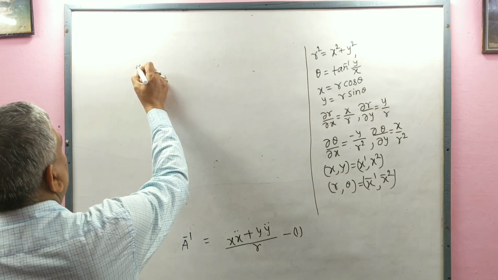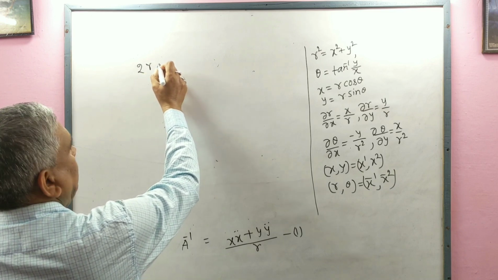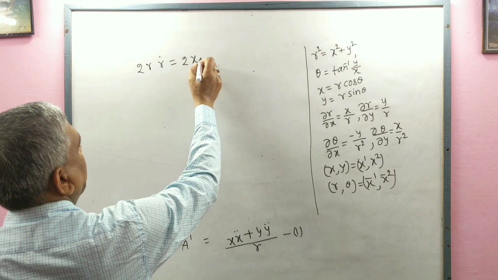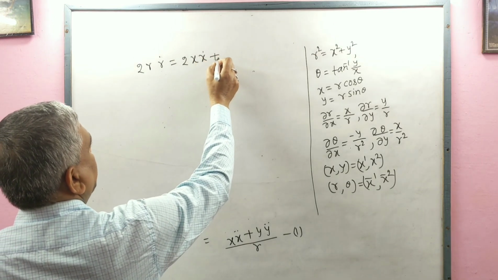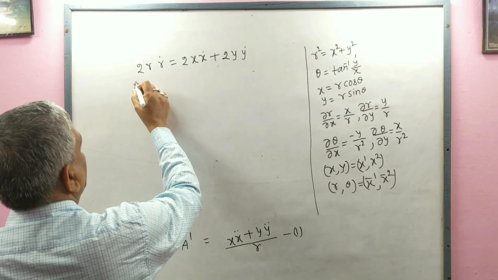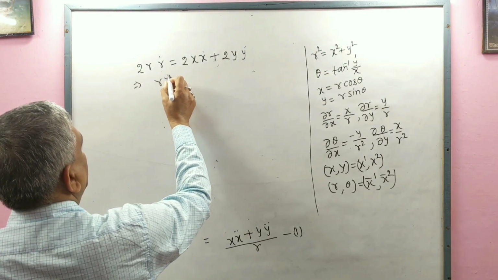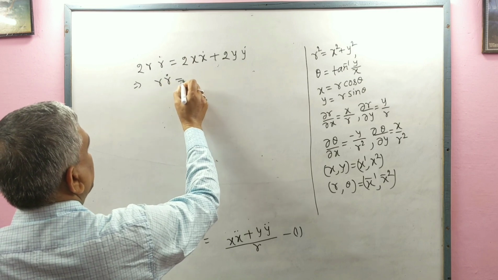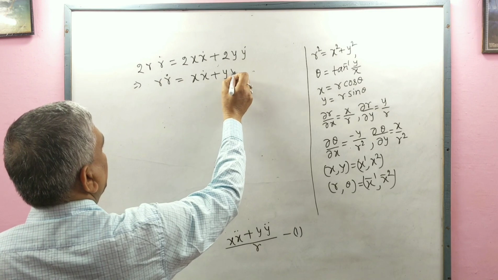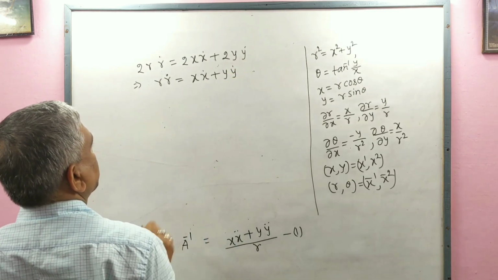So 2r r dot equals 2x x dot plus 2y y dot, which implies r r dot equals x x dot plus y y dot.